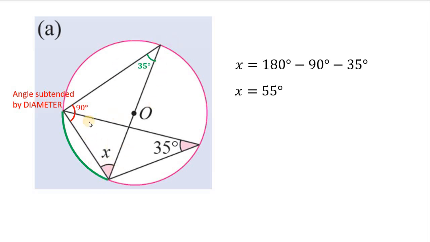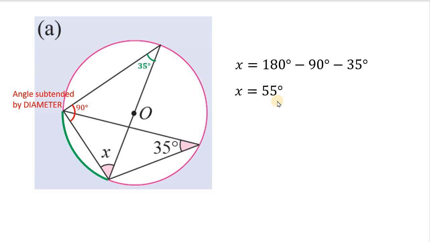Using the concept that the sum of interior angles of a triangle is always 180, we use 180 minus the rest, so we get the value of x is 55.